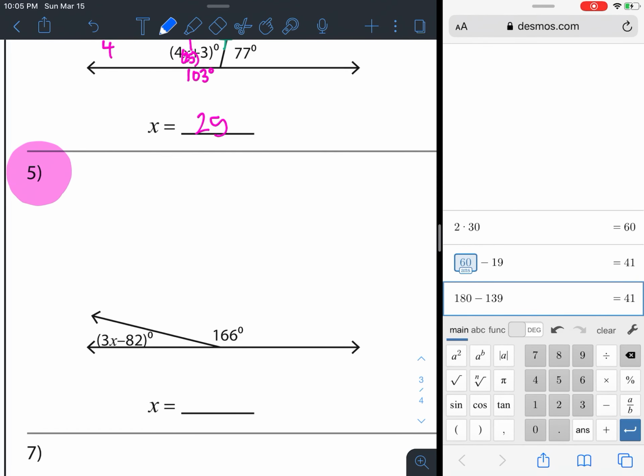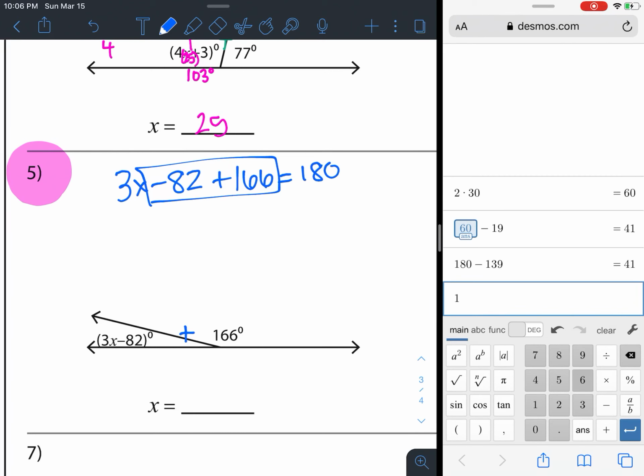Last one, number 5. This should have been 3x minus 82 plus 166 equals 180. When we combine those two numbers, positive 166 and negative 82, gives us positive 84. Bring down 3x, bring down 180. So then we subtract 84.